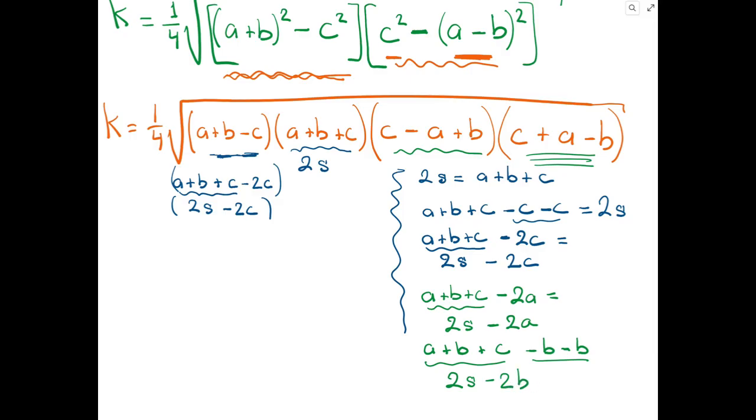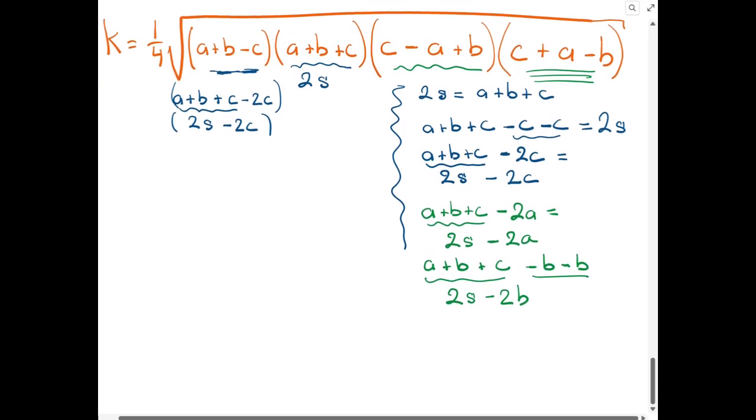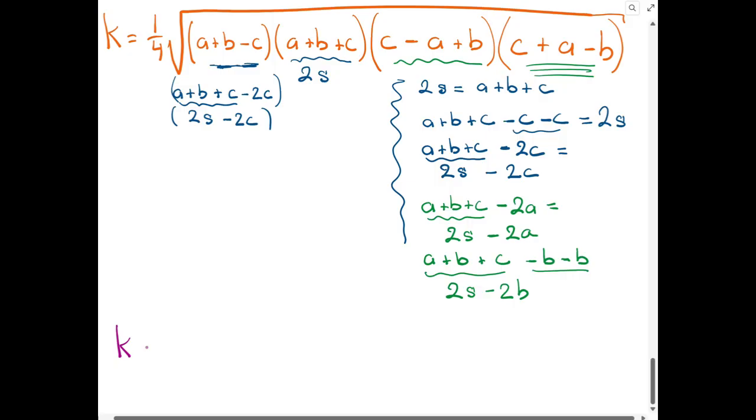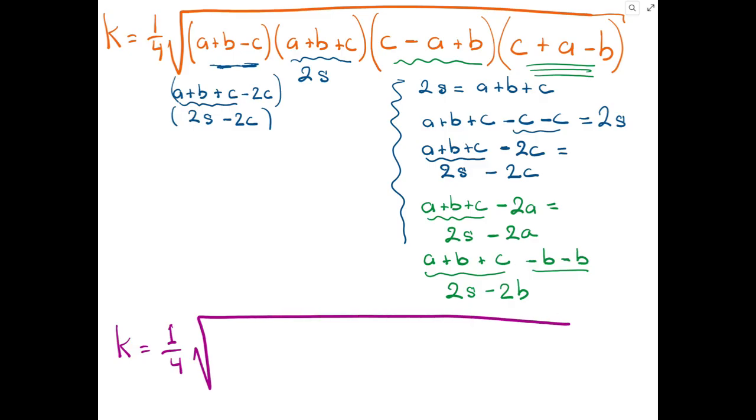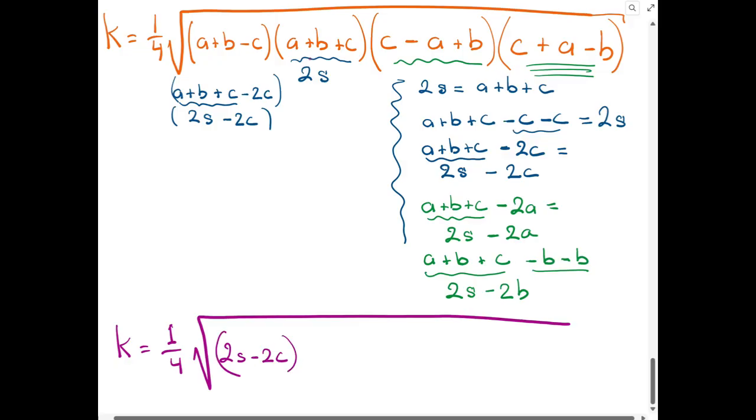Okay, so now let's rewrite our formula with everything we have. So this formula will then be K equals 1 over 4 square root of this here we said was equal to 2S minus 2C, that one was just plain old 2S.